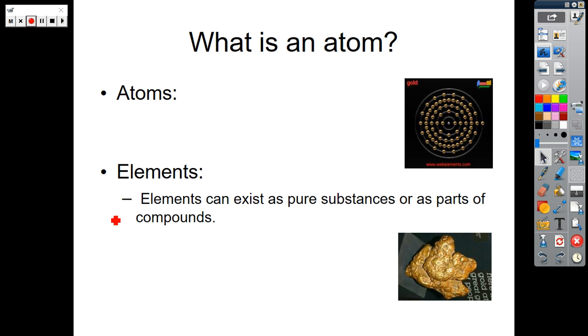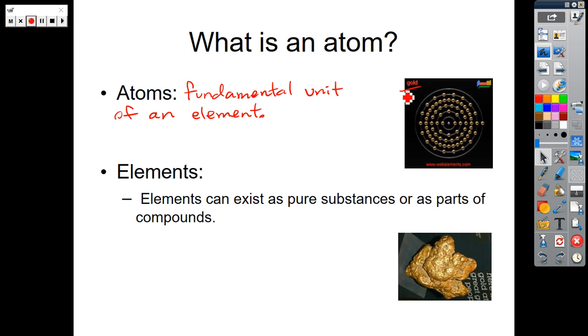All right, so what really is an atom then? Well, an atom is basically the fundamental unit of an element. You can think about atoms as being the smallest pieces of an element that would still retain the identity of the element.